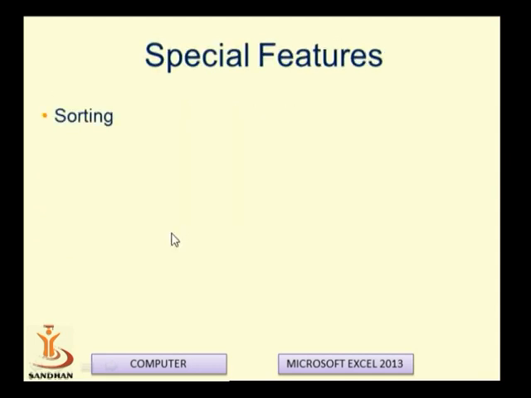There are some special features of Excel, and one is sorting. Sorting is nothing but arranging the data either in ascending or descending order. You can sort the data up to 3 levels in Excel. At the first level you have to select the field.